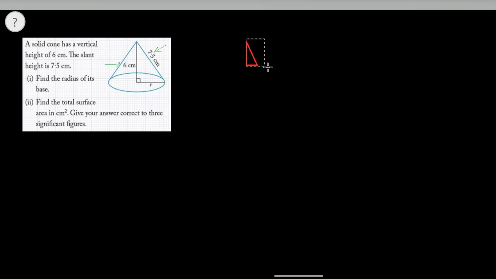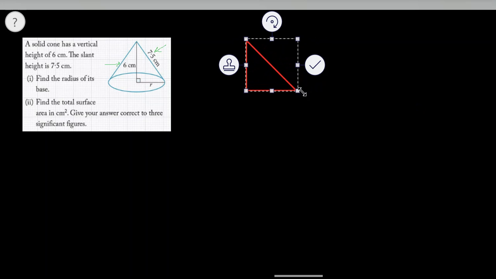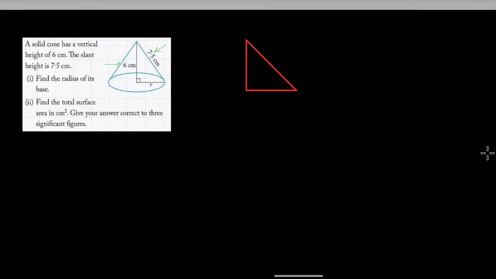We have a right angle like this. Basically what is going to happen is, let's say the sides have lengths a, b, and c.